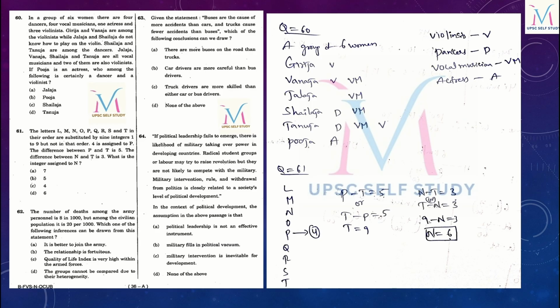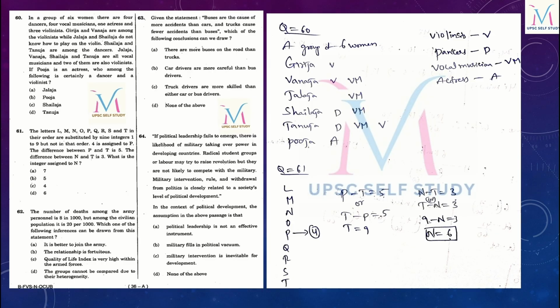So if the military is going, political development will be growing in the society. In the context of political development, the assumption in the above passage is: A, political leadership is not an effective instrument. B, military fills in political vacuum. C, military intervention is inevitable for development. D, none of the above.